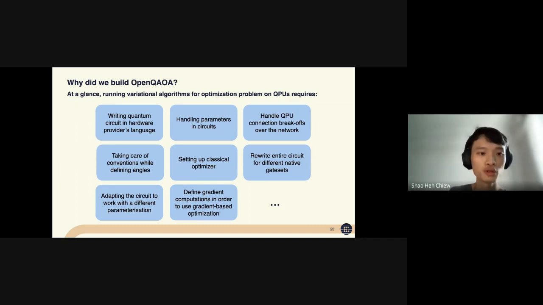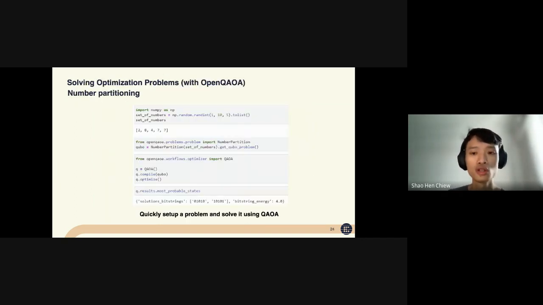To give you an illustration of how it works, we apply QAOA to the number partitioning problem that we've seen earlier, and we see that it can be done in a few lines. Let me walk you through the process. In the first cell, we just create a list of random integers that represents the set of numbers that we wish to partition into two sets.